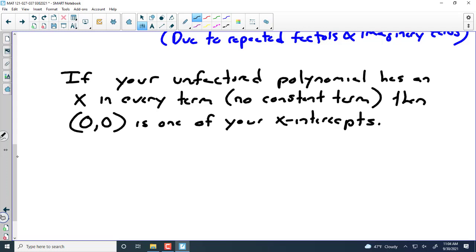If you're looking at an unfactored polynomial and every single term has an x in it, then 0, 0 is one of your x-intercepts.